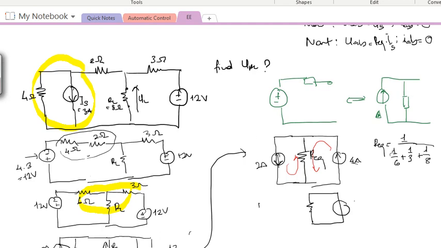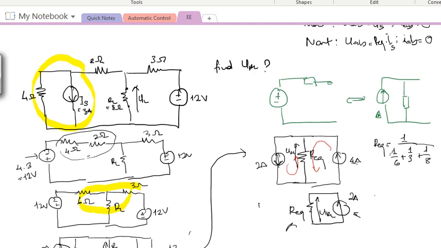So at the end, you have a 2 amp current supply and one resistance with the value of R equivalent. Now we know that the thing that we were looking for was this URL. So URL can be found here now. It's a simple circuit in the form of Norton, with one current supply and one equivalent resistance.